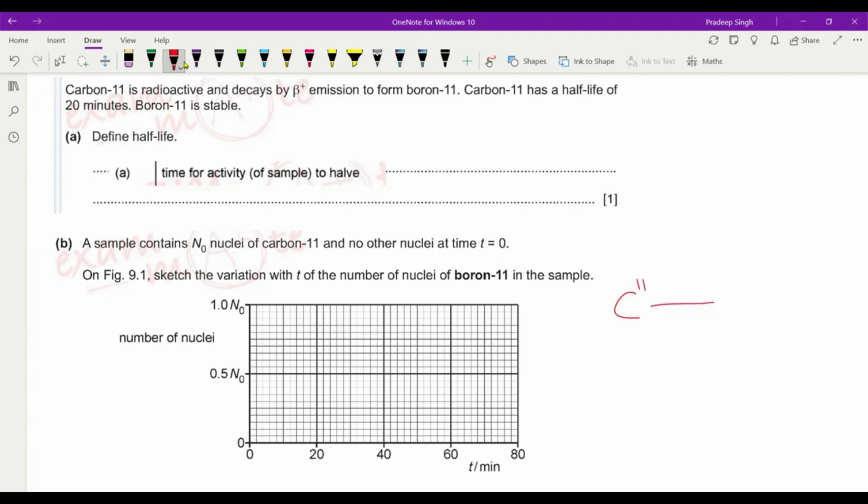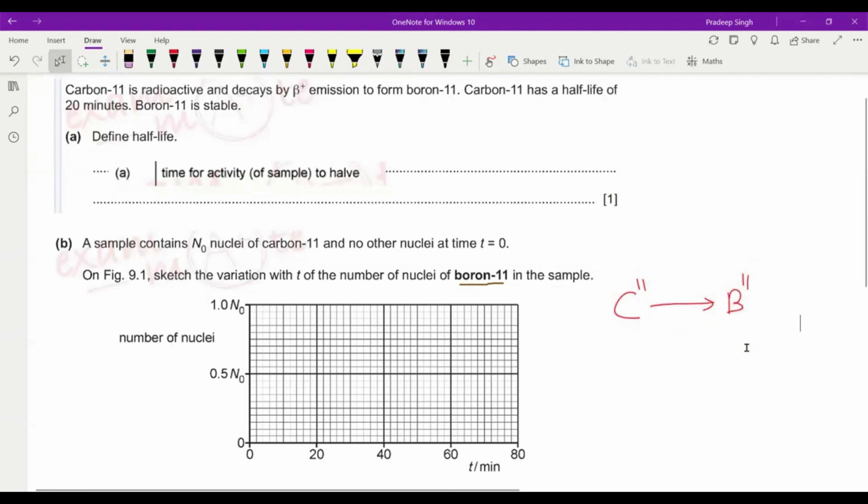So boron. C11 is exactly boron. The graph which you drew was for carbon. So how will it be for boron? Okay, let's analyze that.